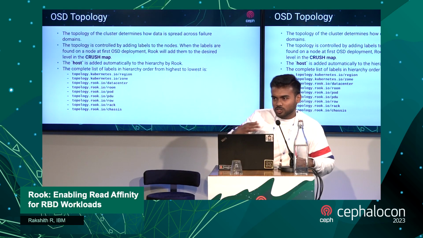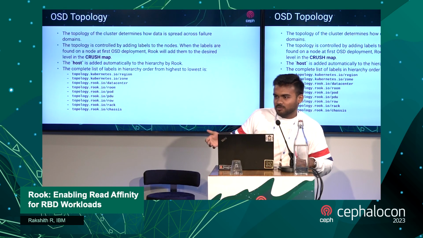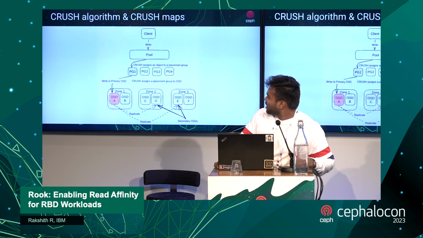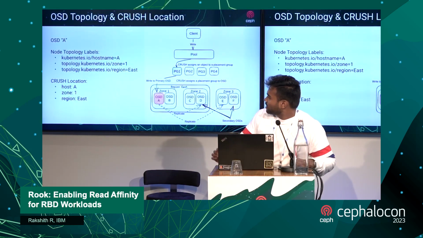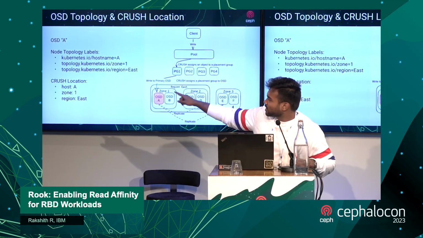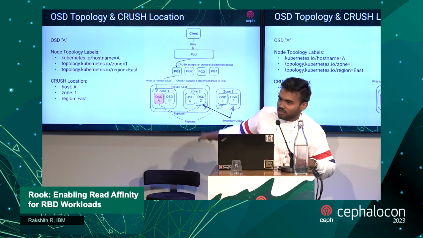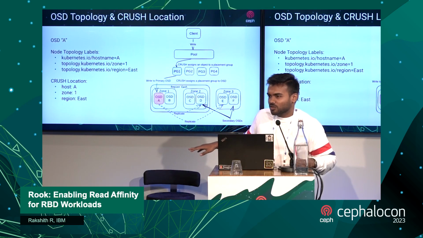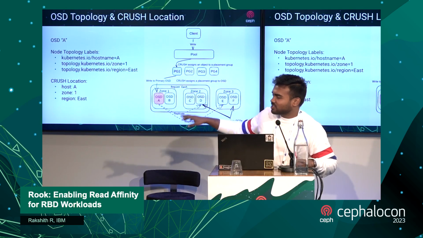It crawls through the crush map to find the nearest OSD, like if there is an OSD with this piece of data in the same host, same zone, or same region. If we go here, that is the crush location of the OSD. If we add up the crush locations of all the OSDs, we get a crush map. So we just crawl through it and find the nearest one.